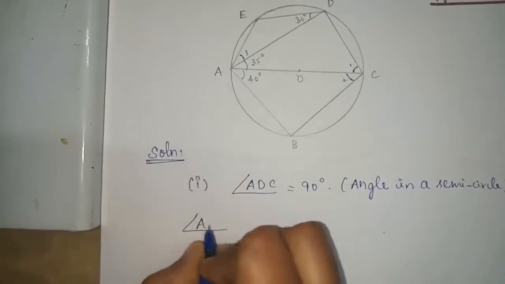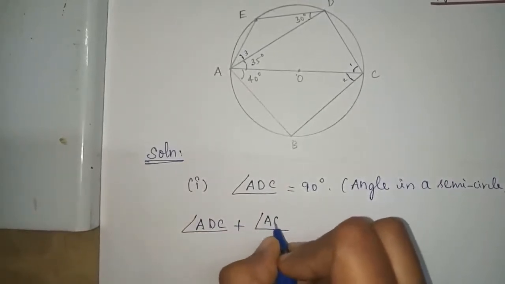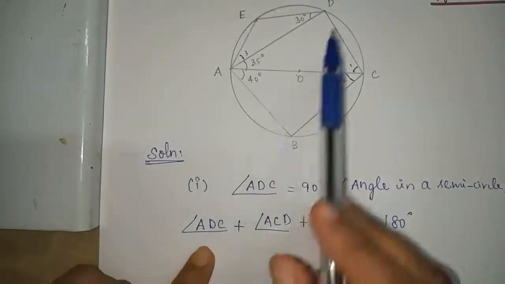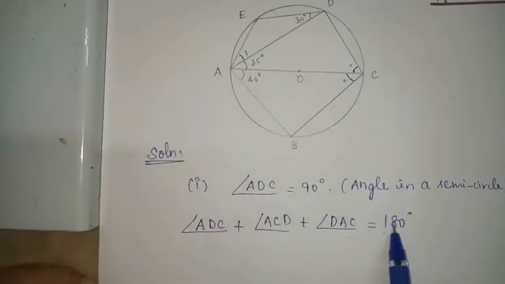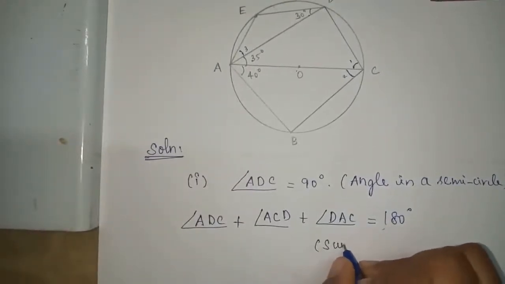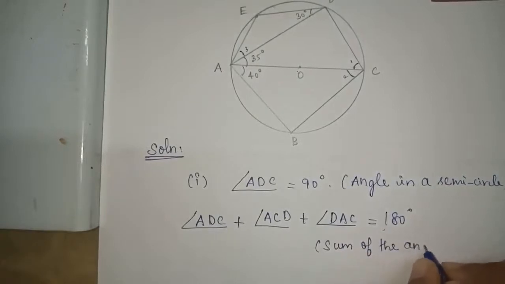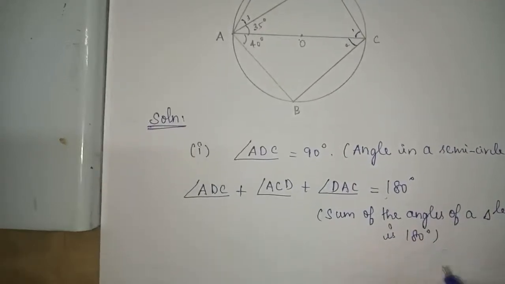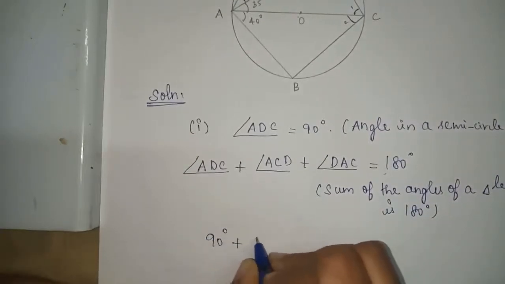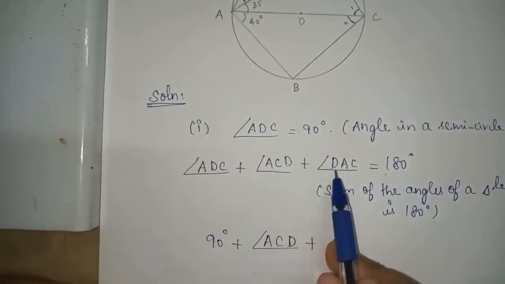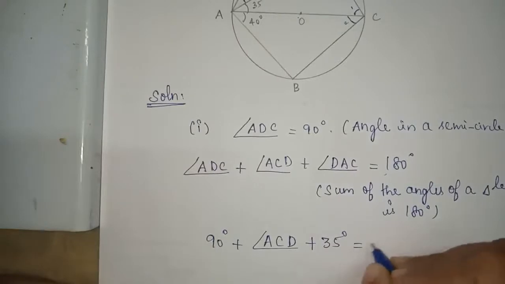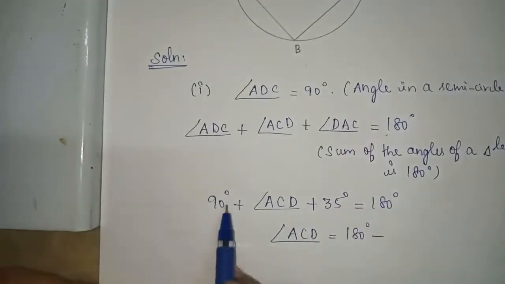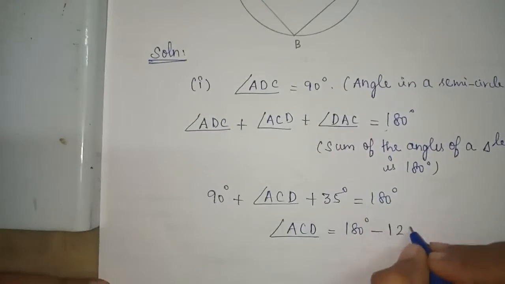So the sum of all the angles is 180 degrees. So angle ADC plus angle ACD plus angle DAC is equal to 180 degrees, which is nothing but angle D plus angle C plus angle A is equal to 180 degrees, because the sum of the angles of a triangle is 180 degrees. So we know the value of angle D is 90 degrees, plus angle ACD, plus angle DAC is 35 degrees, which is equal to 180 degrees. So angle ACD is equal to 180 degrees minus 90 plus 35, which is 125 degrees.